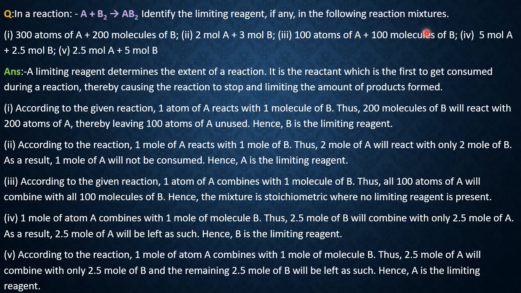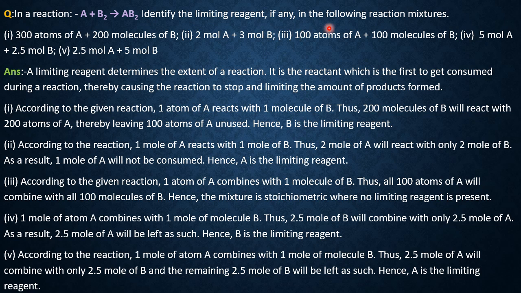Number 4, 5 mole of A and 2.5 mole of B. Yeah. 1 mole of A, 1 mole of B2. Then 5 mole of A requires 5 moles of B. But it is 2.5, less here. So B is the limiting reagent.